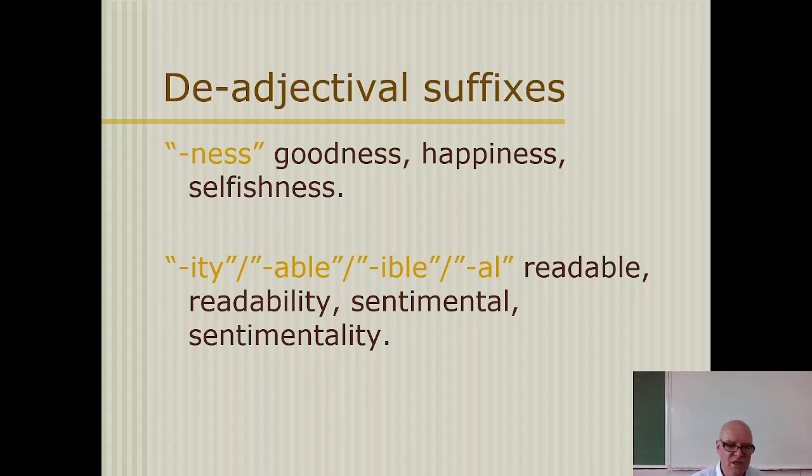Ity, able, al, readable, readability. Some people might say readability, but that is also possible. Sentimental, sentimentality. So you can go on and go on and go on. It's like you're building a word up, right? The basic word is sentiment, and then you build the rest.